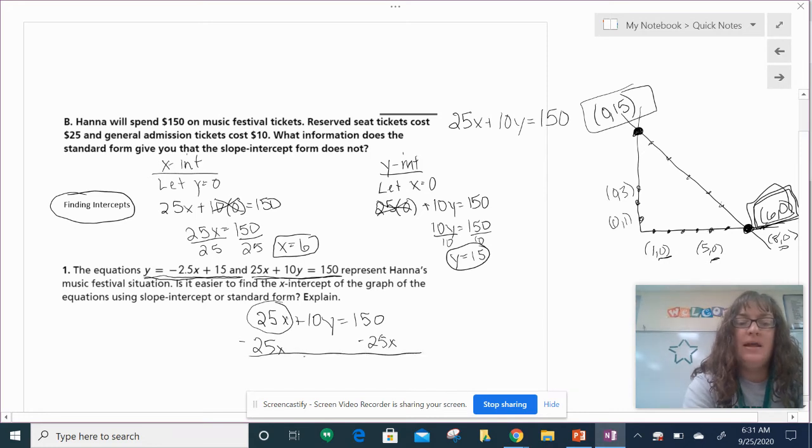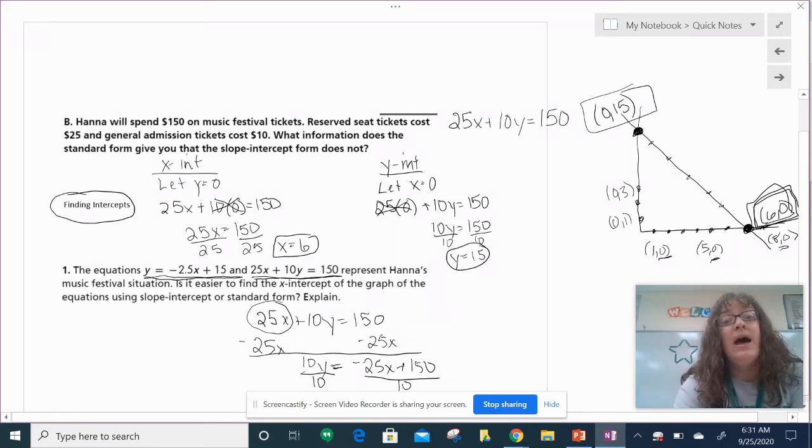When I do that, I end up with 10y is equal to, and I'm going to rewrite the order here. I'm going to put the negative 25x first, and then the positive 150, just because slope-intercept form has the x term first. All right, y is not quite by itself, so I'm going to divide by 10, and over here I'm going to divide by 10. And if you'll notice, I'm dividing the whole side by 10.